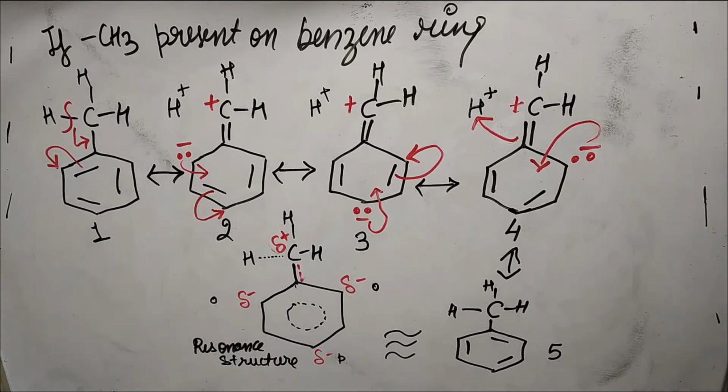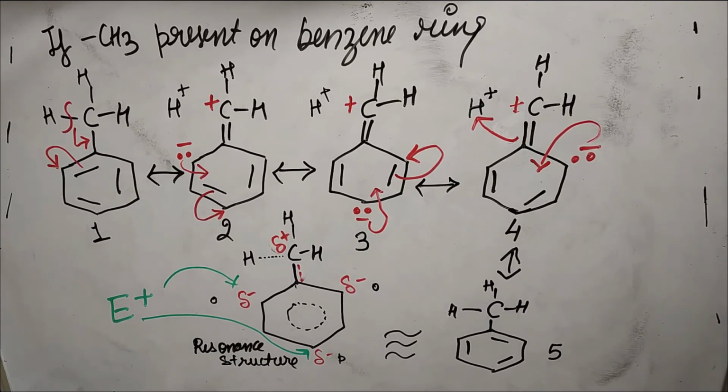So if any other electrophile has to substitute or react with this structure, where will it go? It has a positive charge, and at the ortho and para positions the negative charge is there. So obviously these electrophiles will attach at either the ortho position or the para position.